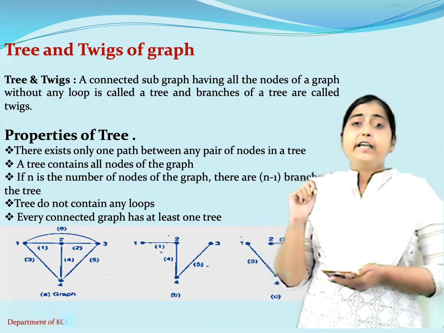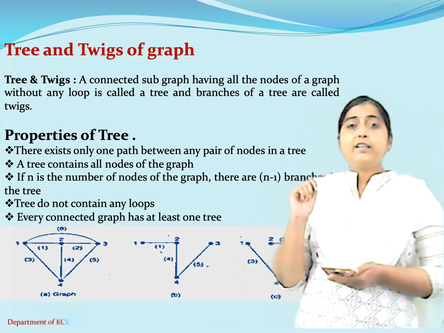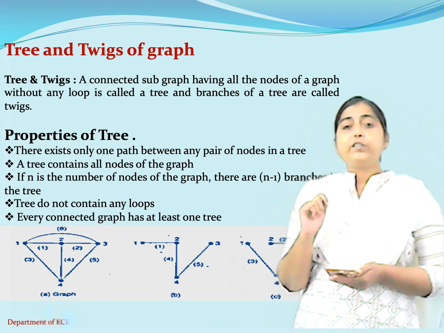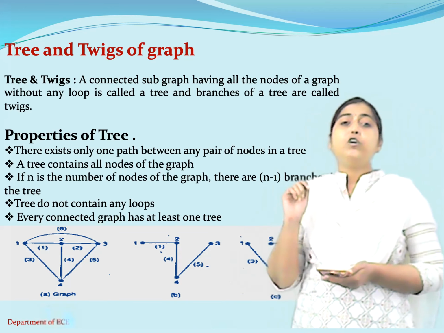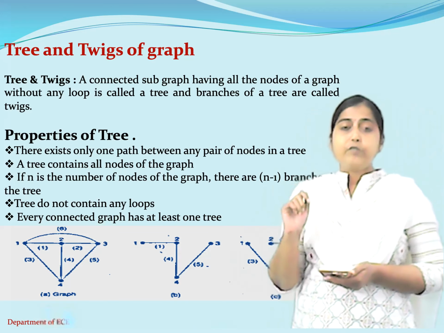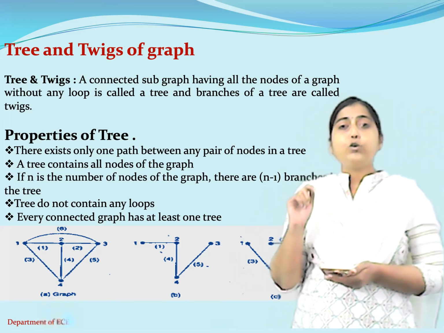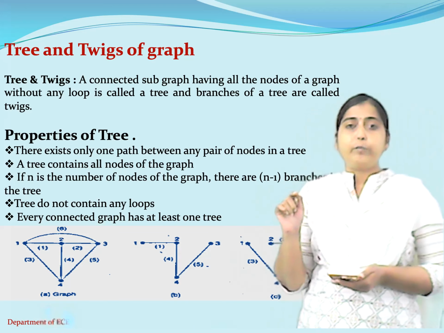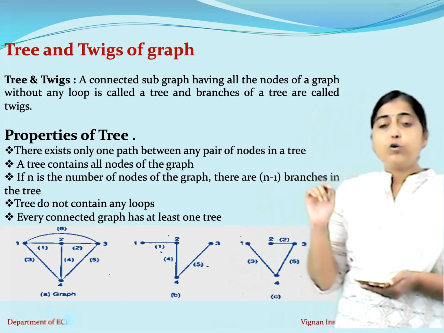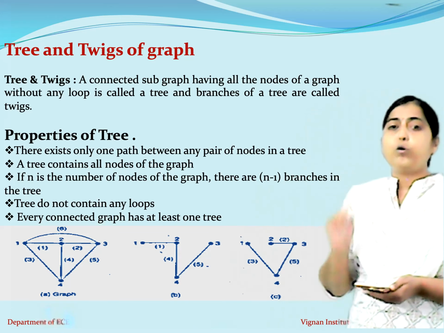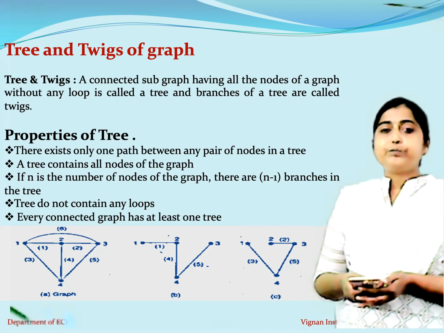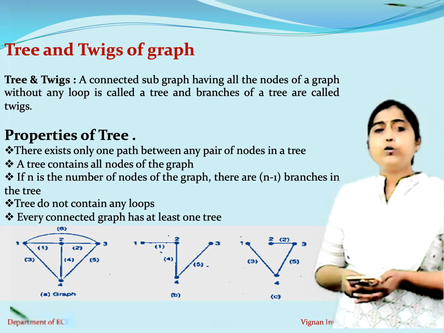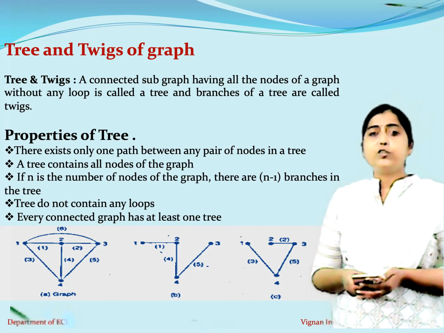In order to understand a tree, first you have to know how many loops exist in a given network graph. Each closed loop, you have to make open. For example, let us consider this graph. You already know how to identify the nodes and branches.